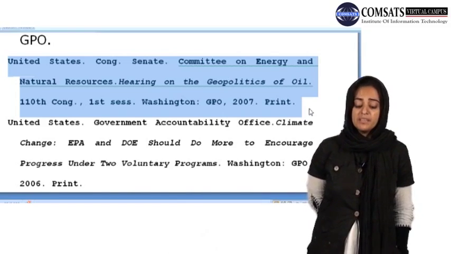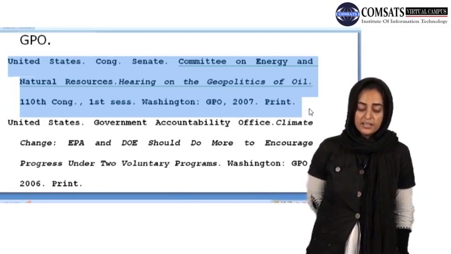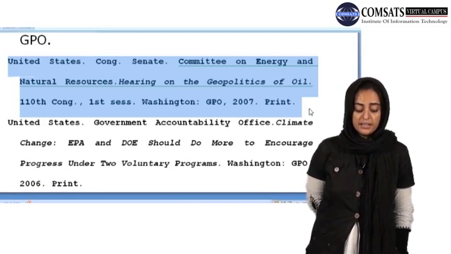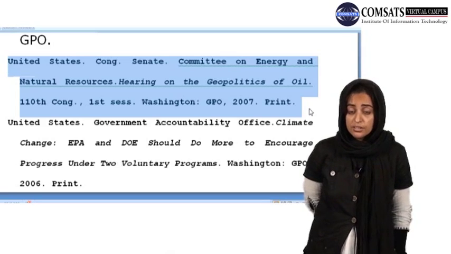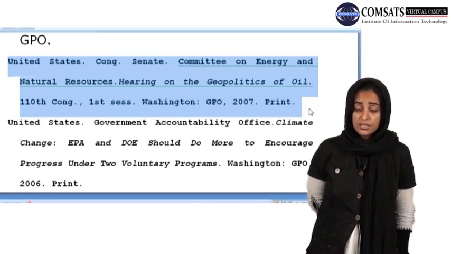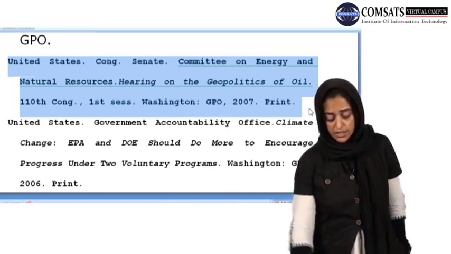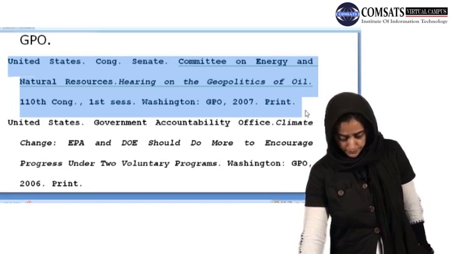Then you give the exact name of the committee, and after that the number of the Congress, then the session as you can see on the screen, then the city of publication, then the publisher name, then the year of publication, and then the medium of publication.